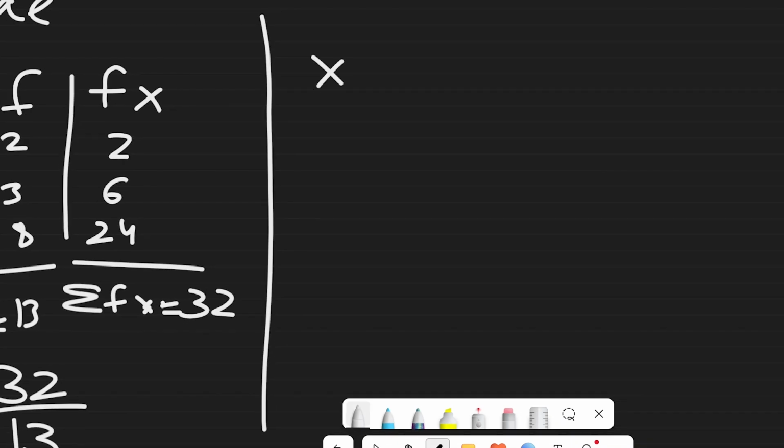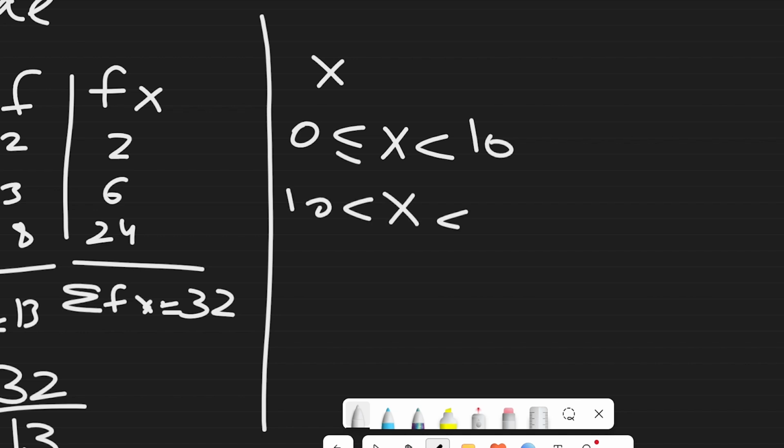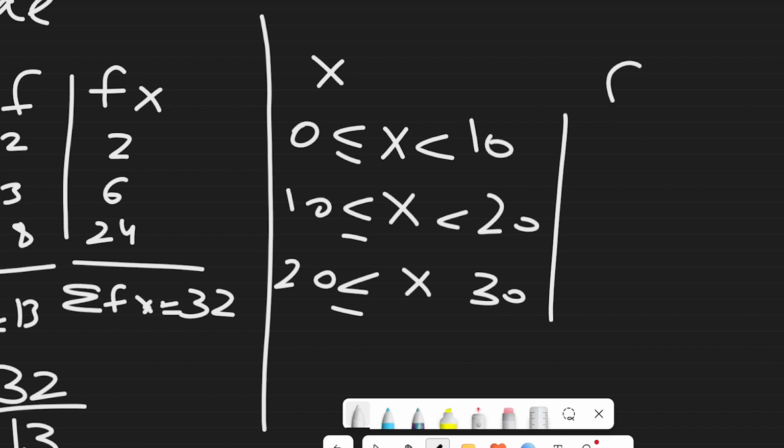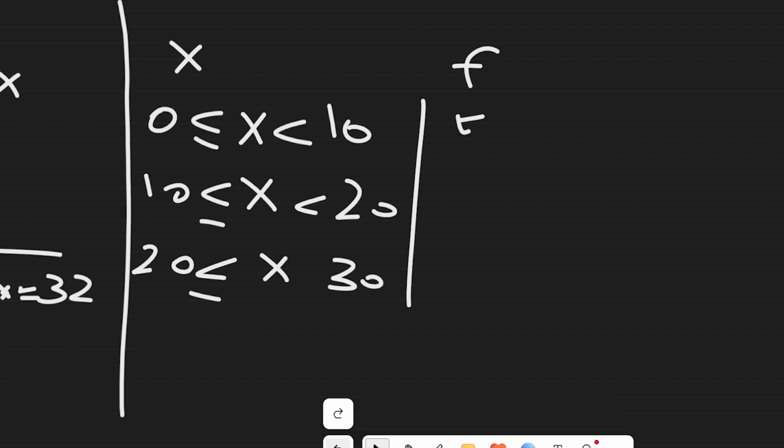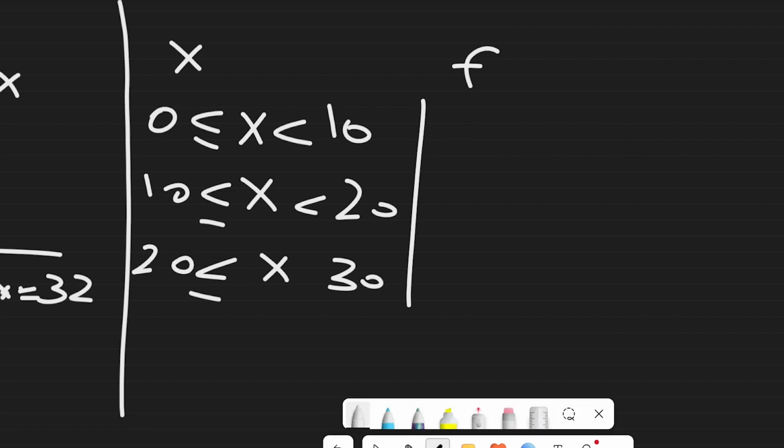Let's say x has the ranges 0 to 10, 10 to 20, 20 to 30, and the frequencies are, let's say, 5, 10 and 20.